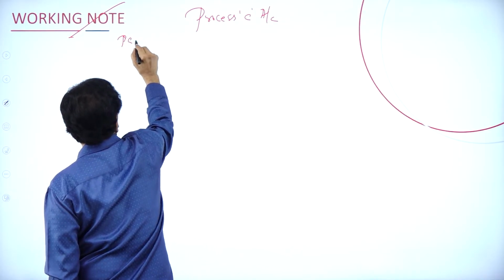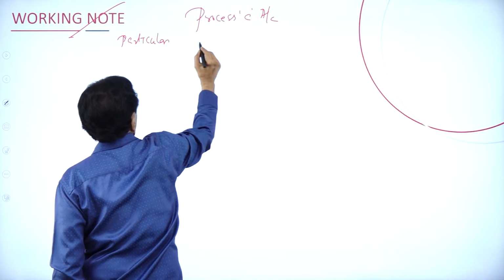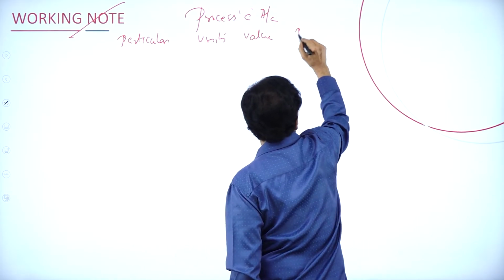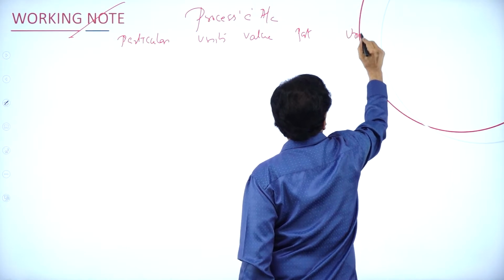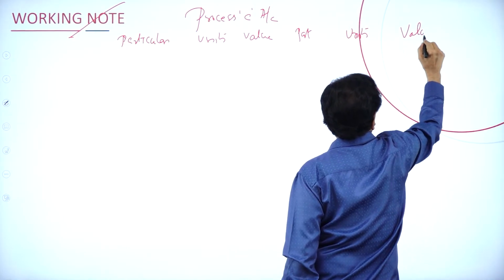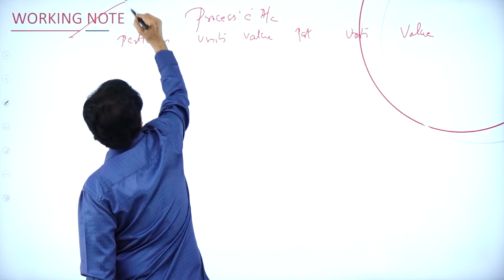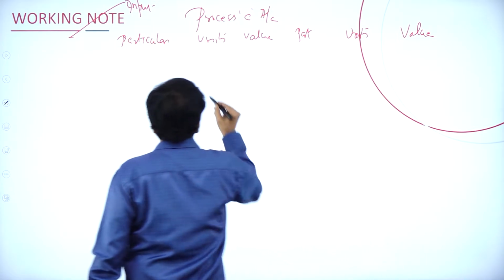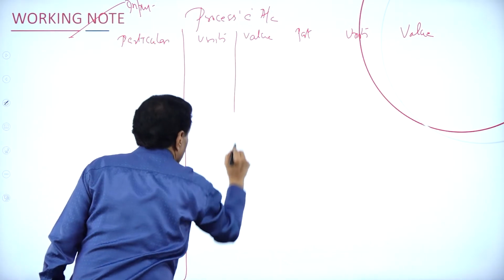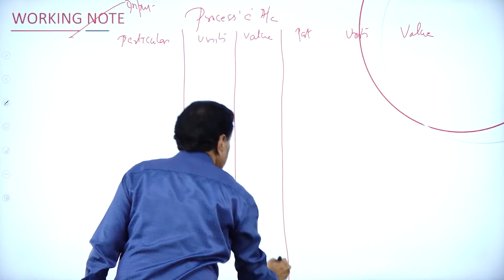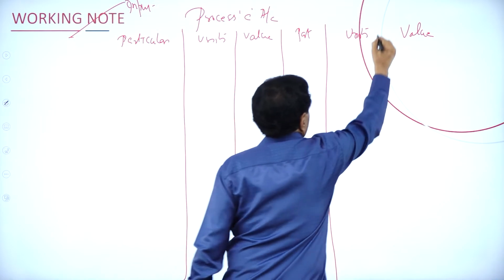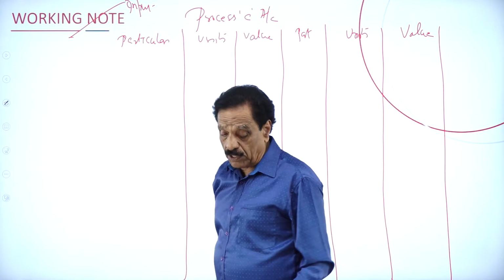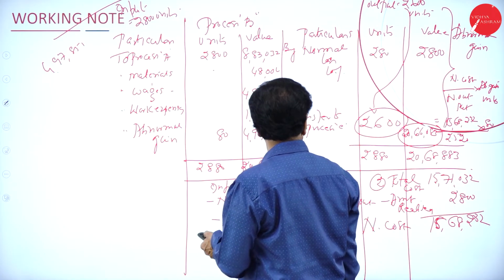Particular, units, value. Here input: particular units value. Your input is 2,600.